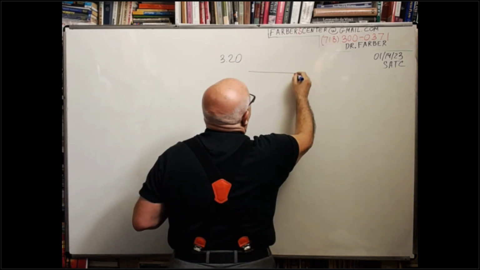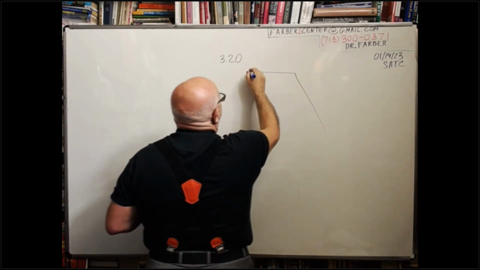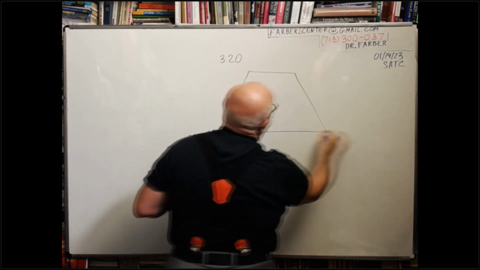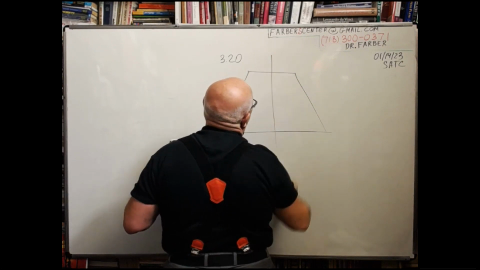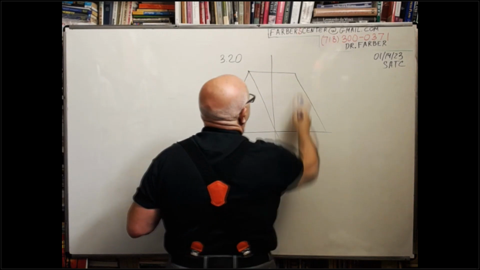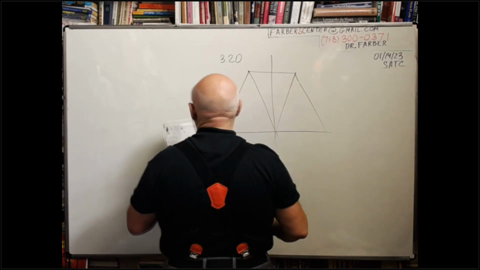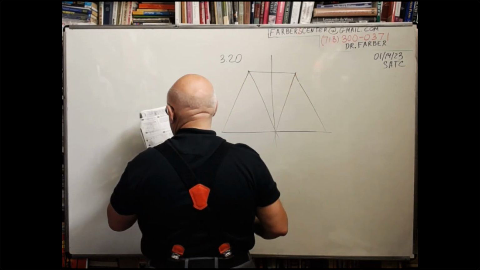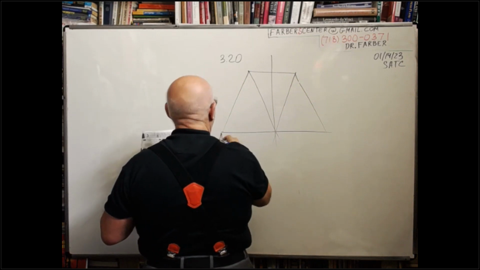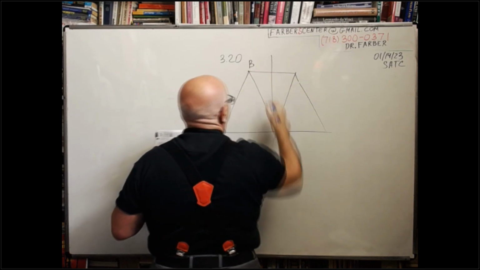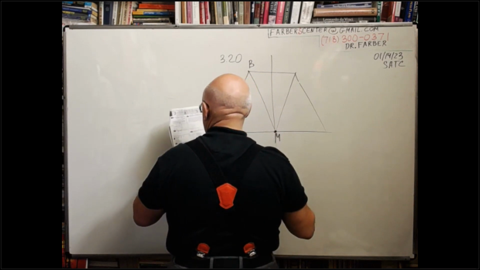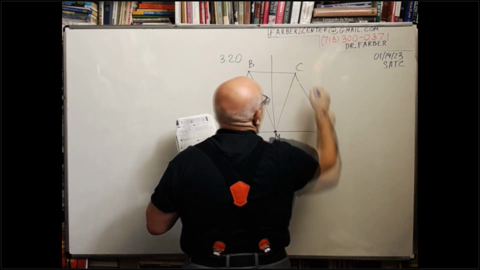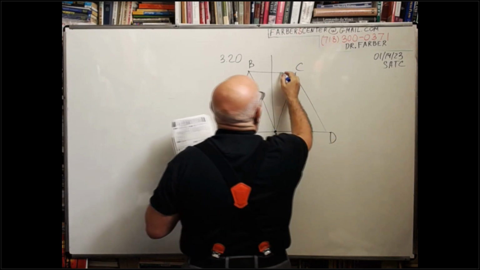Make a picture. ABM, CD. This is a trapezoid.